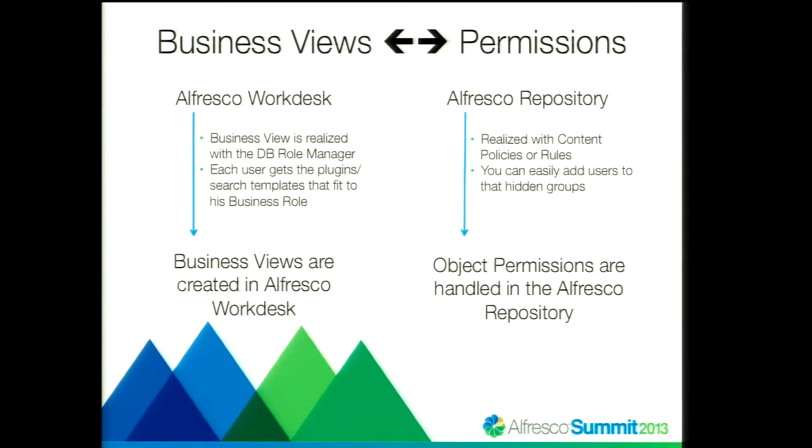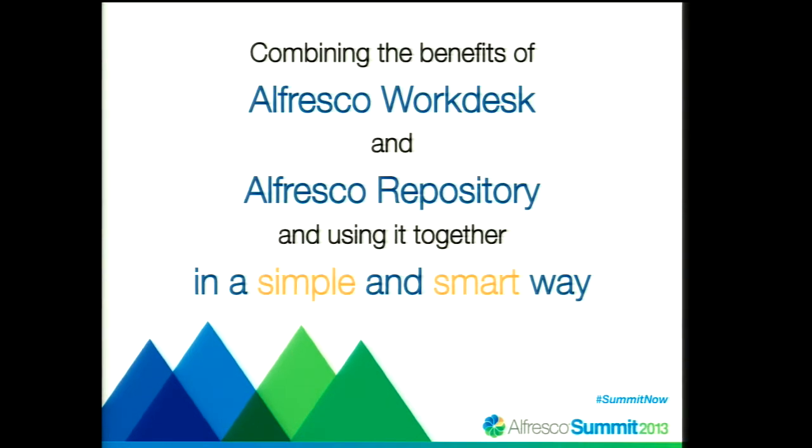You can create groups, you can assign groups, you can give them access rights to specific e-files or folders. Yeah, and that's what we wanted to show you again. You can combine the repository, you can combine Workdesk, and this gives you the ability to create a simple, smart, powerful solution that fits your requirements and projects. Thanks for that.